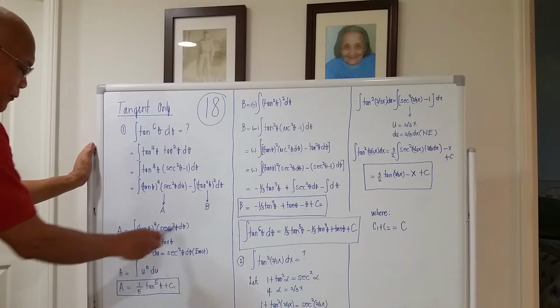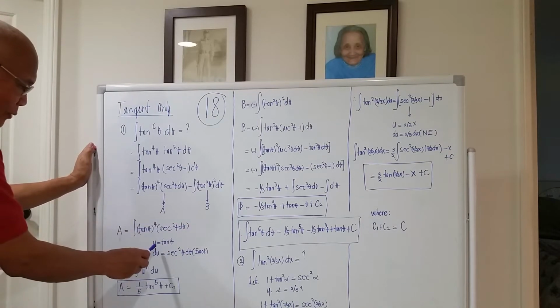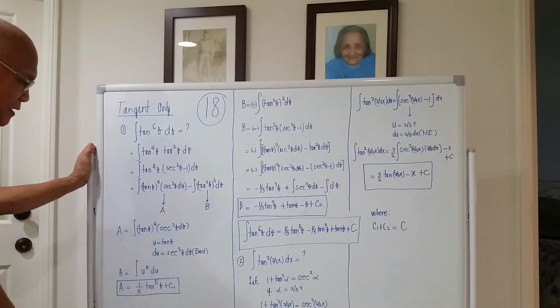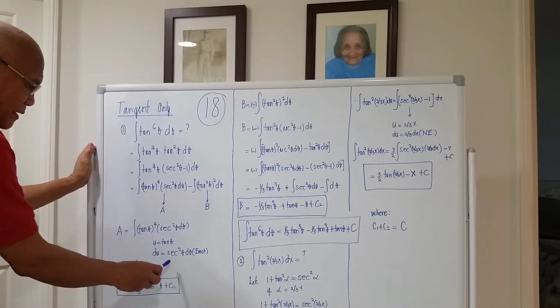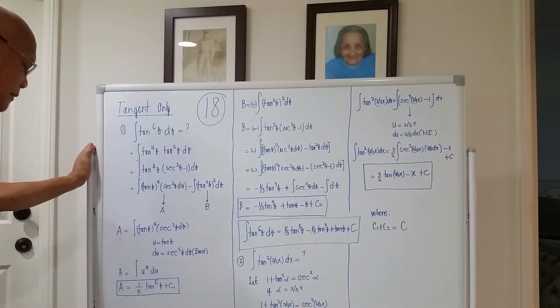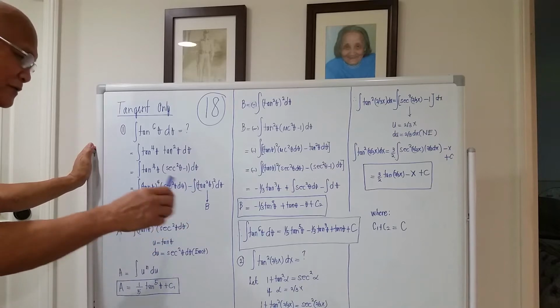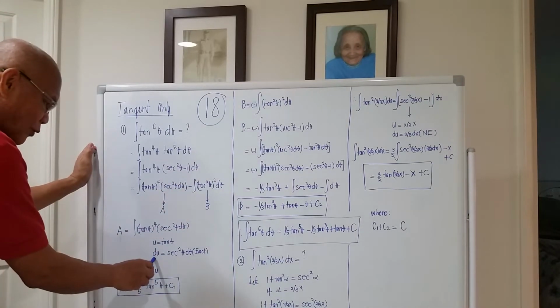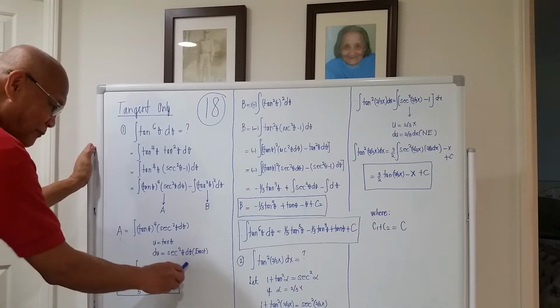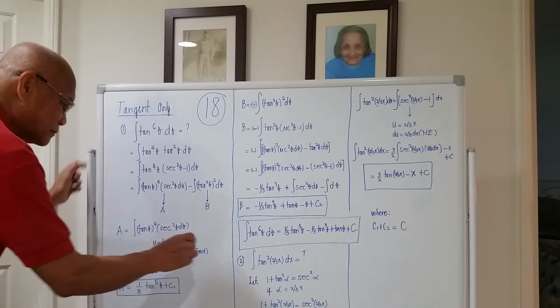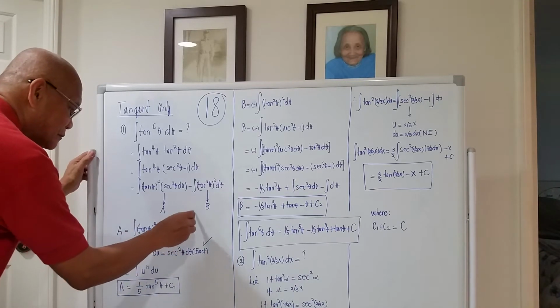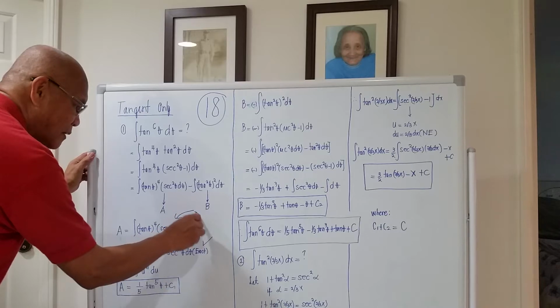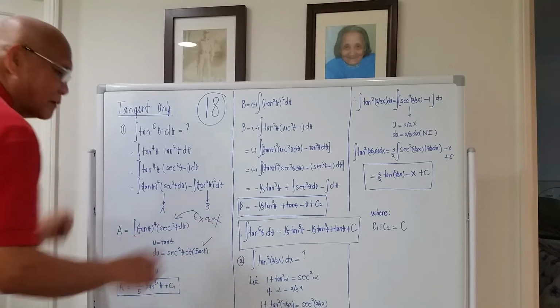This is under the power formula. So I will let u equal to tangent of theta. Du will be the derivative of tangent, which is secant square, so du will be secant square of theta, differential theta. It is exact.